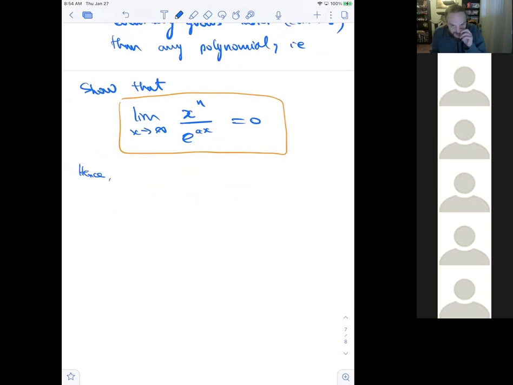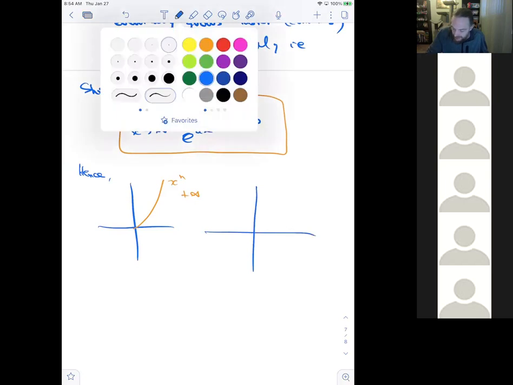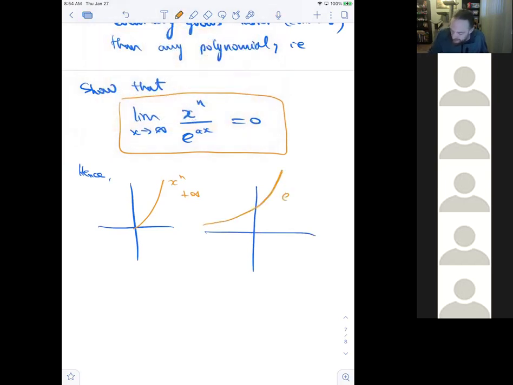Hence, if you look at this, x to the n is trying to go to infinity as x goes to positive infinity. E to the ax is also trying to go to infinity. It doesn't matter whether n is odd or even, x to the n goes to positive infinity. When I look at e to the ax, also positive infinity.